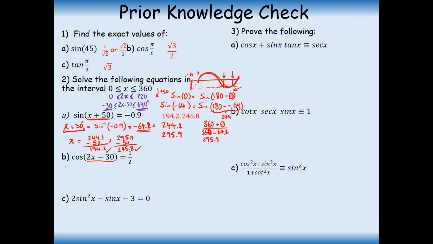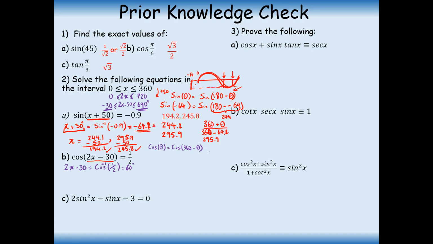Now when you take cos inverse, or arc cos, of a half, what you end up with is 60 degrees, I believe. Let me just double check. Yes, it is 60 degrees, but this is just one of our values with cos. The cos identity is cos theta being equal to cos of 360 minus theta.